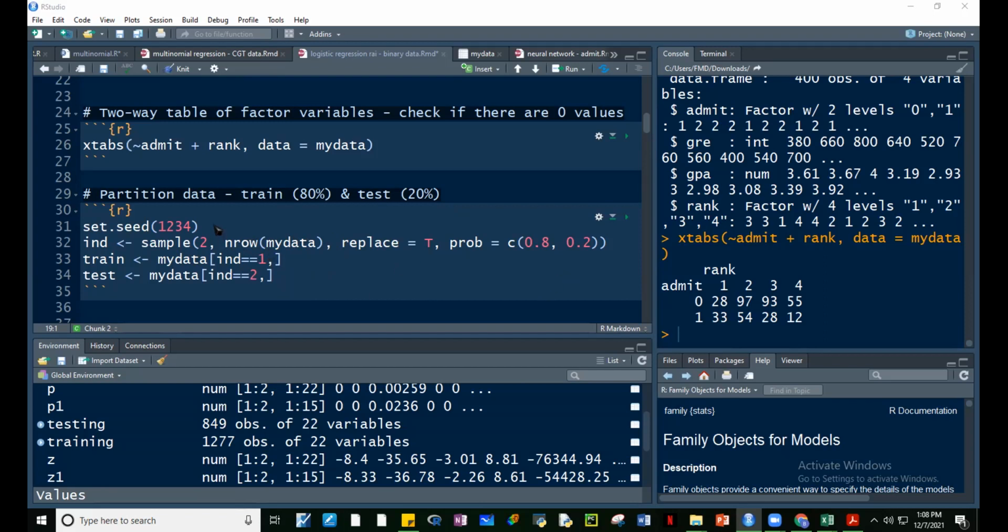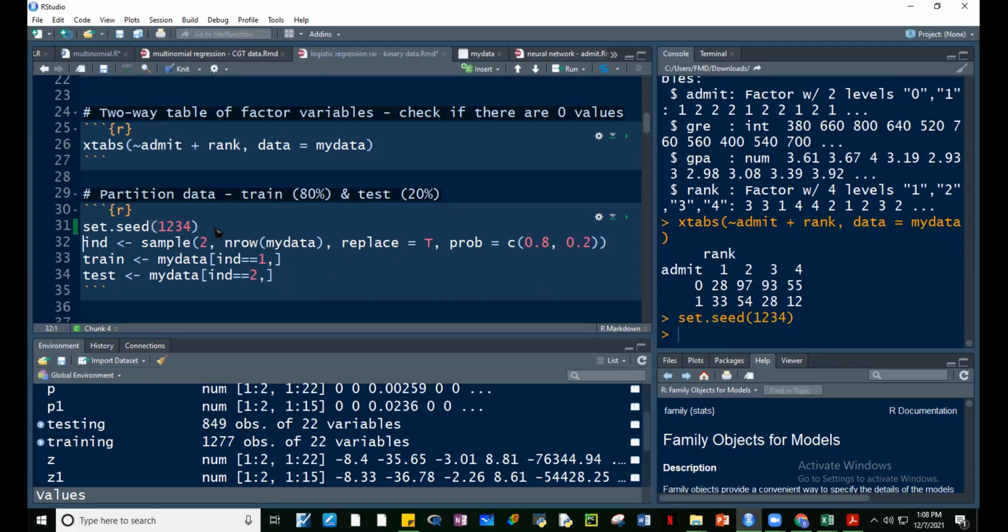So what will happen is that number one, we're going to set a seed so that the choice of the data will be the same for all of us. So let's set that seed. Let's run this first. Set seed 1, 2, 3, 4. Did I discuss set seed before? Okay, thank you.